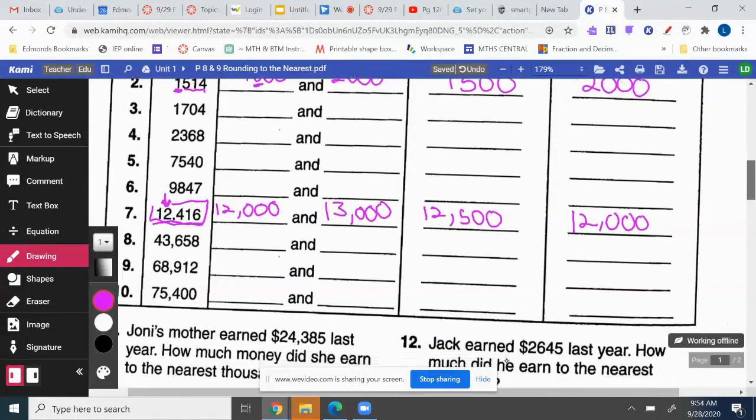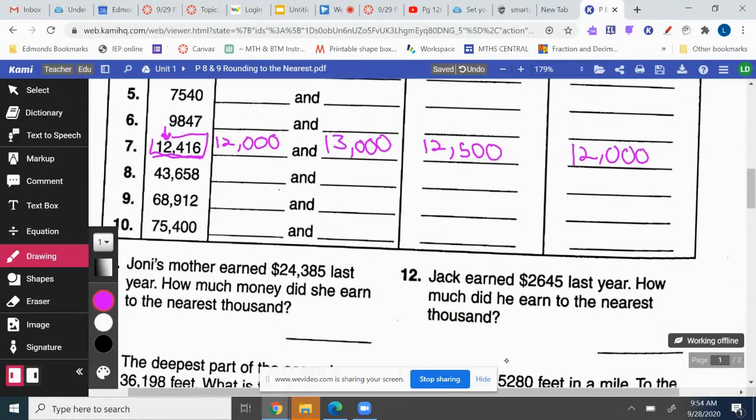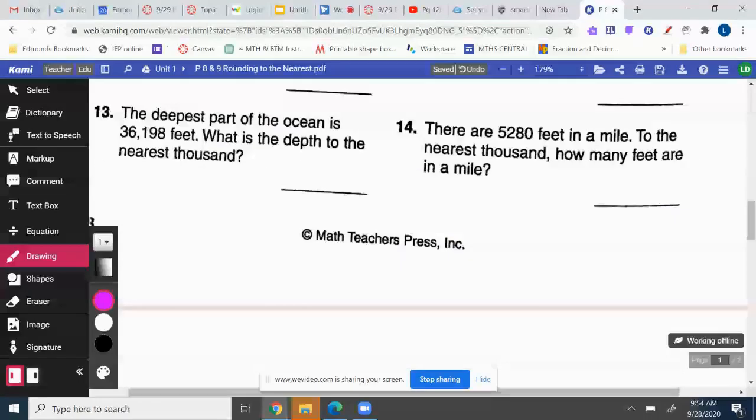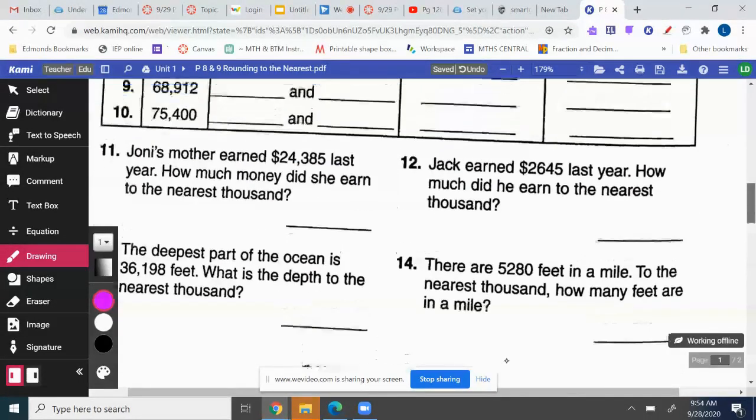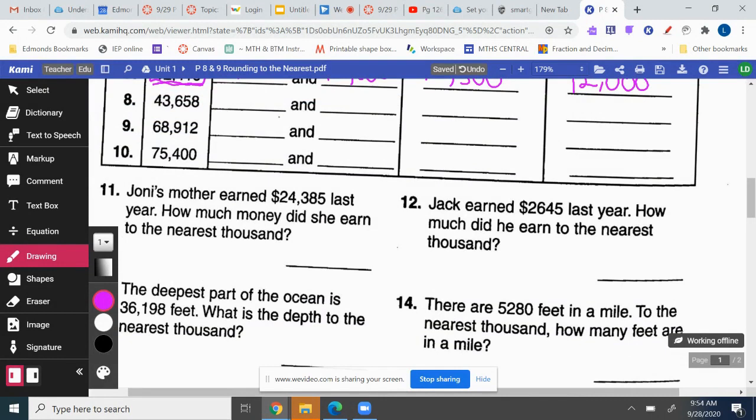Go ahead and try doing that for those. Now they want to know to the nearest thousands. I'm going to underline so that way you know what you're rounding. You're going to be rounding this one to the nearest 1,000.